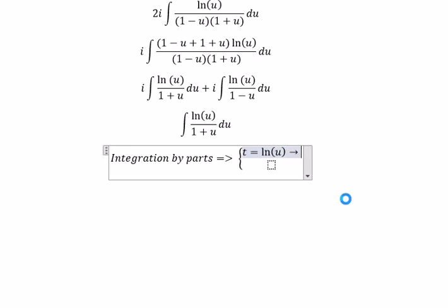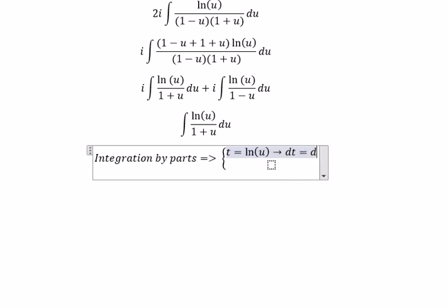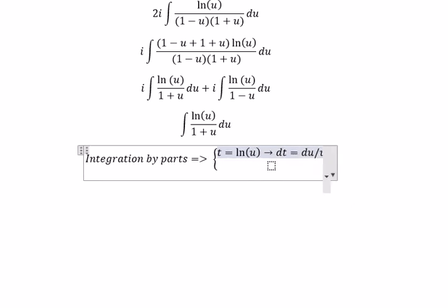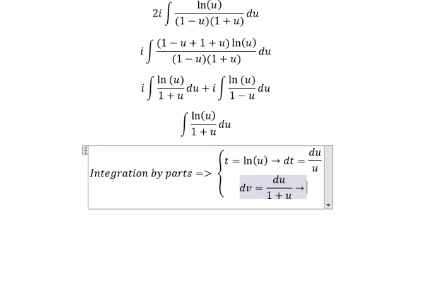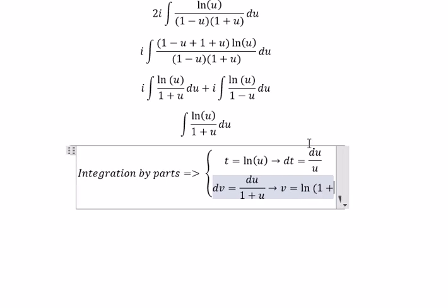So you got dt equal to du over u. dv we got du over 1 plus u. So you got v equal to ln of 1 plus u in here.